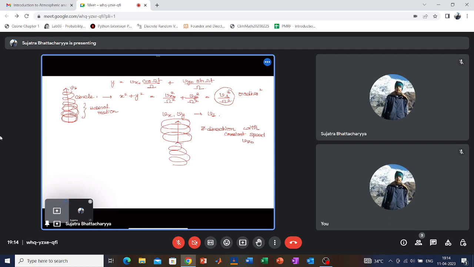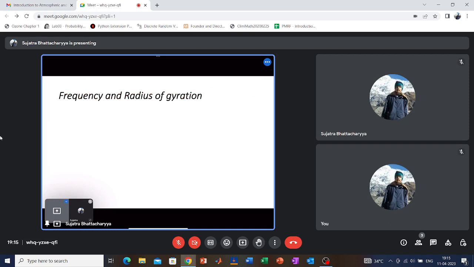And we write the radius as V perpendicular by omega, and we know that the expression of omega is QB by m. So it is V perpendicular m by QB. Right? Now I go to the next slide. Frequency and the radius of gyration. This is nothing but what we have derived so far. We will write one by one.